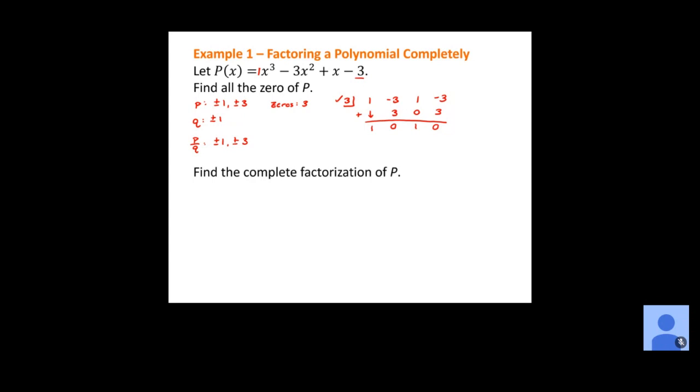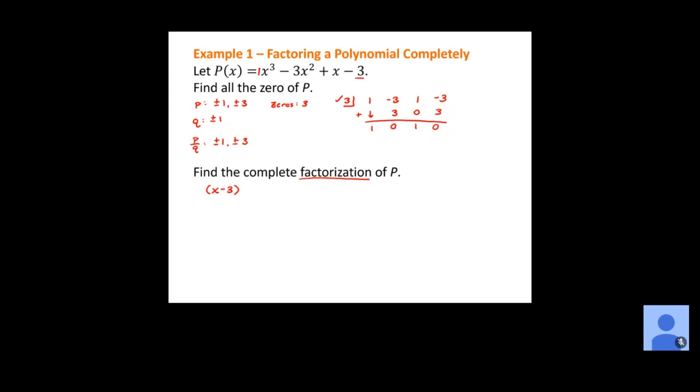Okay, it's good. So what factors do we have now based off of what we've got so far? Okay, so x minus 3 has to be a factor, right? So I'm going to come down here since we're looking for the factorization on this next step. X minus 3 is a factor.